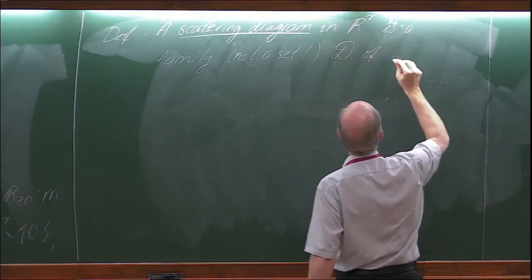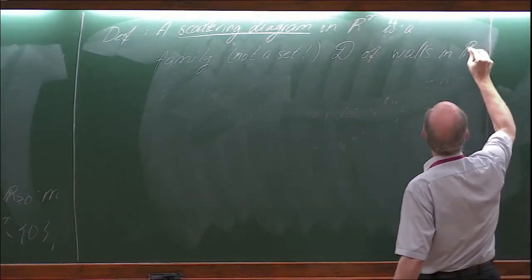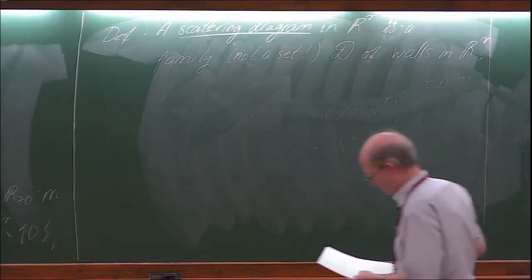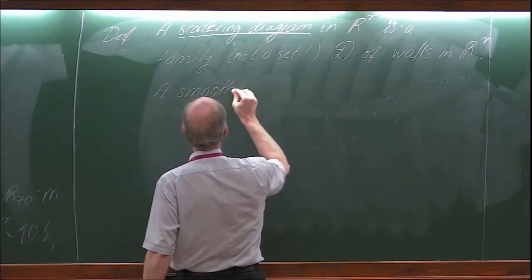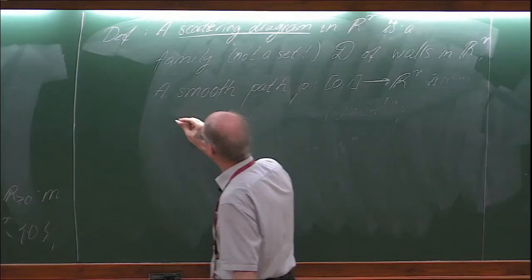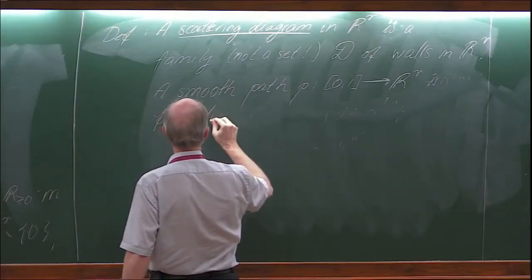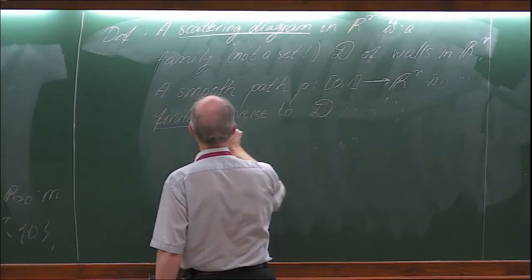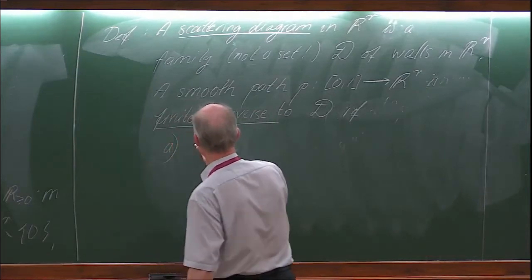D of walls. And then we need the notion of finite transverse path with respect to D. A smooth path is finite transverse to a scattering diagram D if it satisfies the following natural conditions.